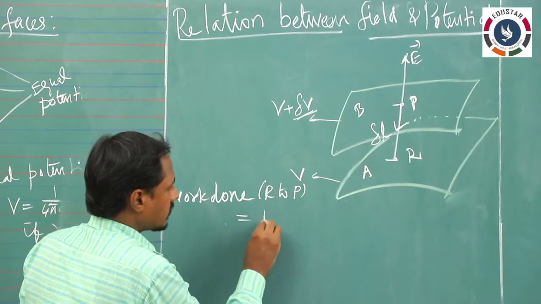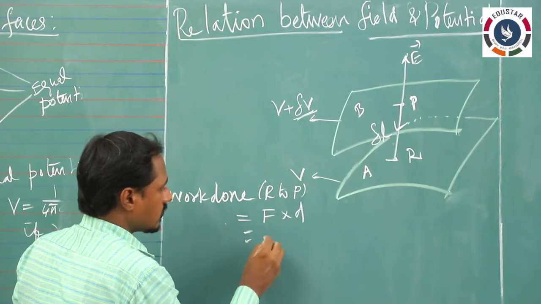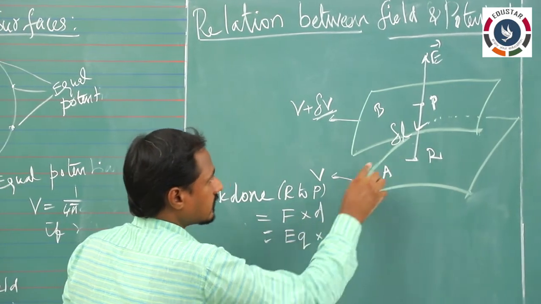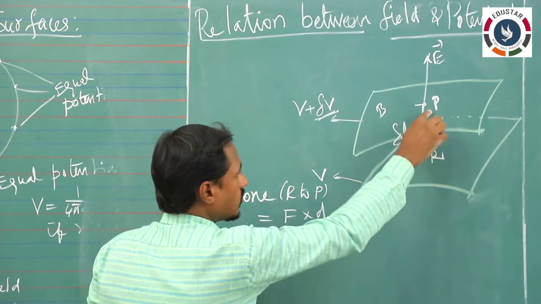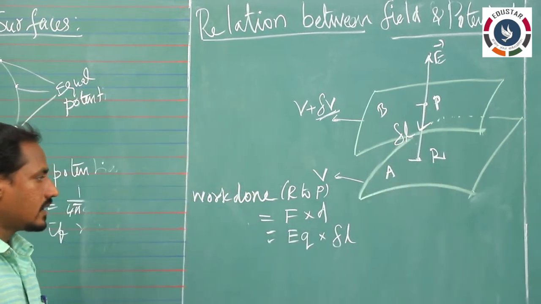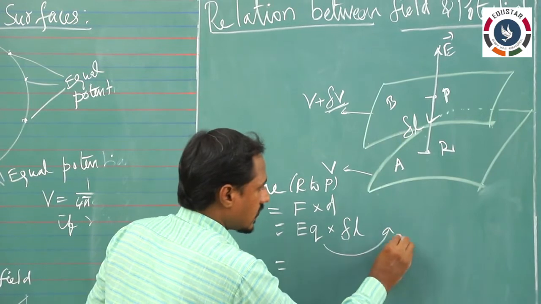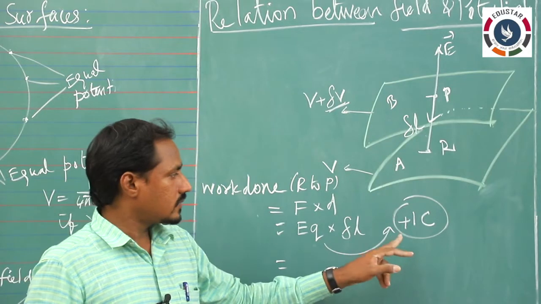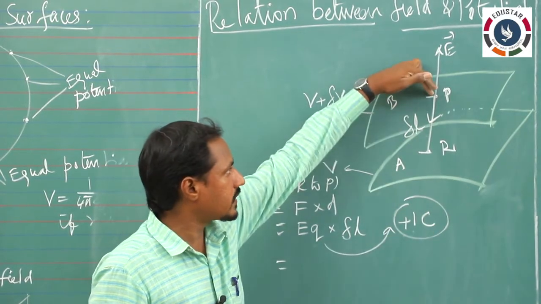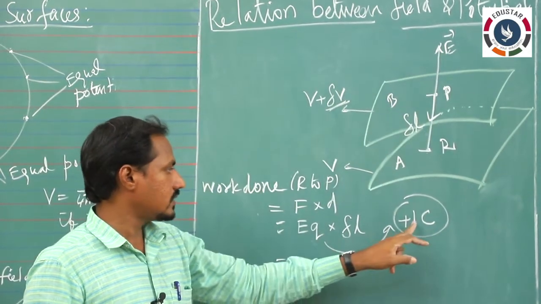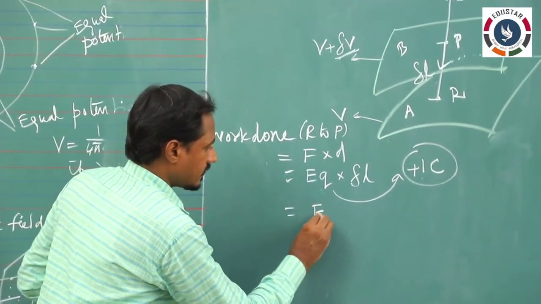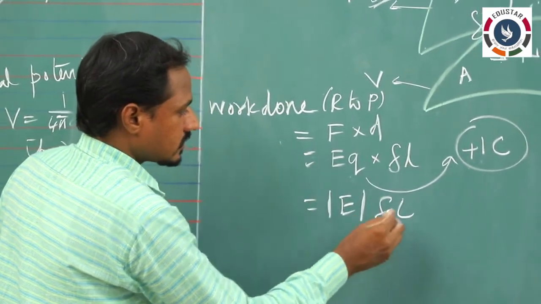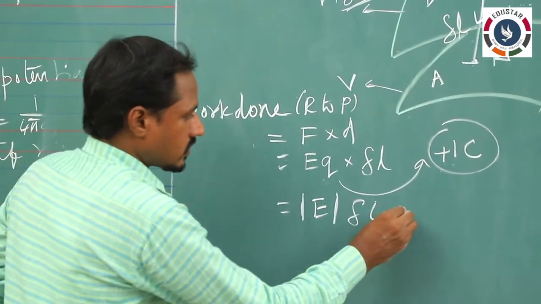The work is normally force into distance. Here force equals electric field into charge, and the distance between both points is del L. The charge is a unit positive charge, so Q equals 1 coulomb moving from P to R. So, we can write E into del L, considering only the magnitude.